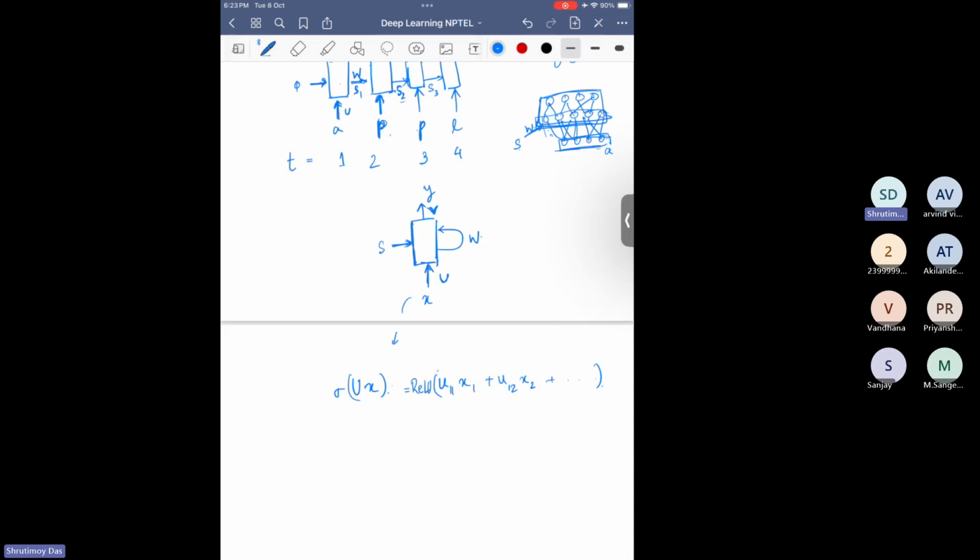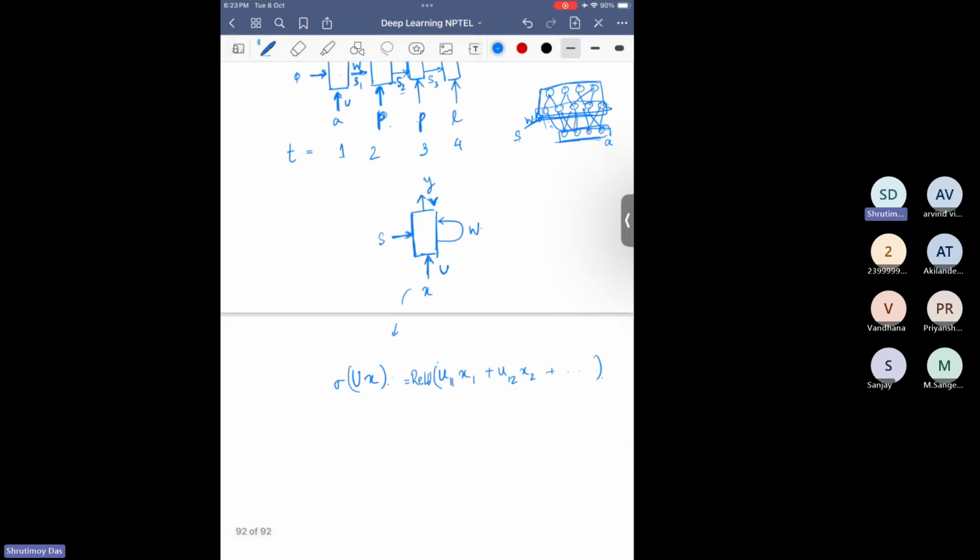Also, you will have this W, right? So W times s from the previous step, W s of t minus 1, and these two things are added. You will again have some nonlinearity here, and these two things are added to pass it to this output, right?